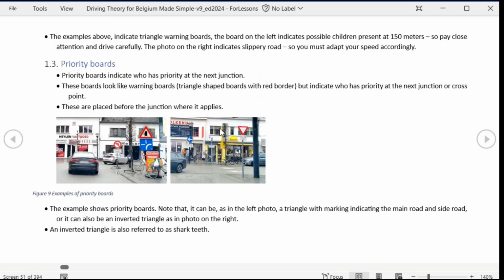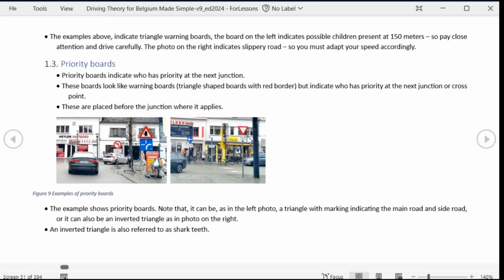And again, if you look at the photo on the right side, this is also a priority board, but it is an inverted triangle. This is called shark teeth. It looks like teeth. It will be followed by road markings, but we will discuss that later. So basically, when you see this kind of shark teeth or an inverted triangle, it means that you must give priority to the other traffic.